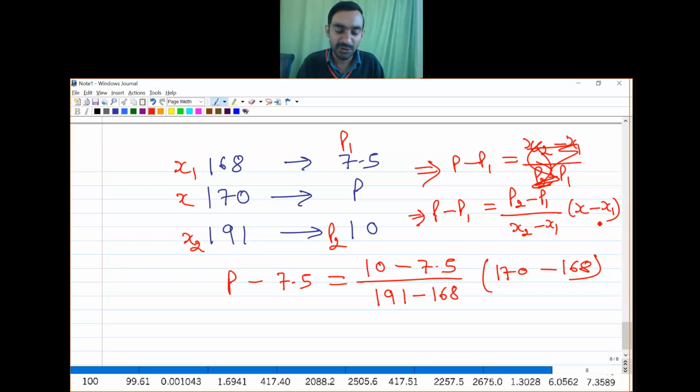So this is nothing but the equation of a straight line. I am considering linear interpolation between the two nearest points which are actually available, to determine the value of the property exactly at our point of measurement. Okay, so I will stop at this point and we will discuss further in our next lecture.